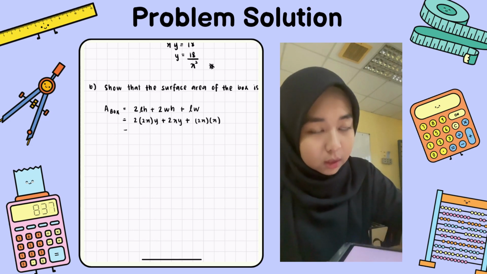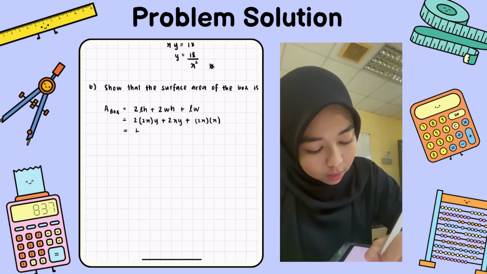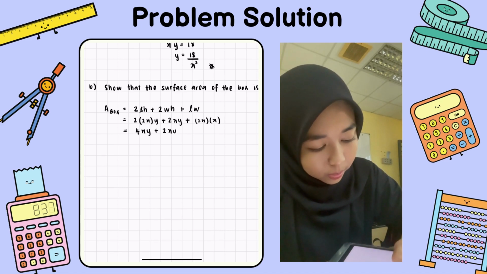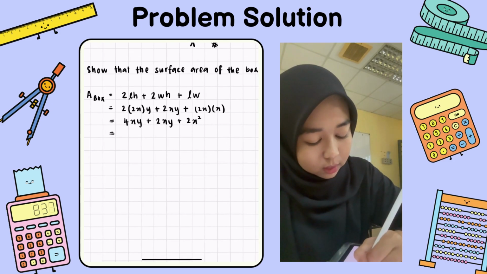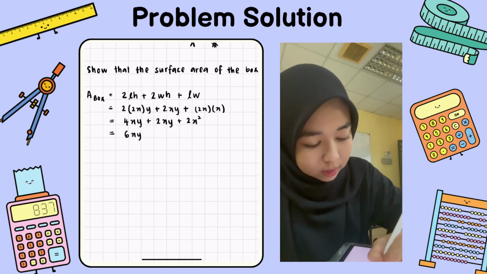So we simplify this, we get 4xy plus 2xy plus 2x squared.